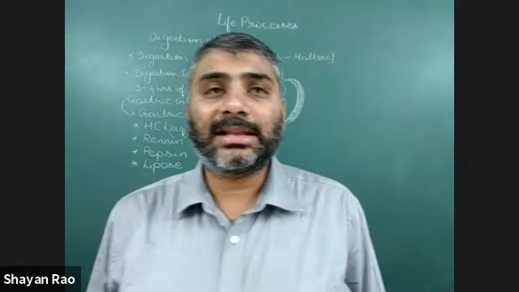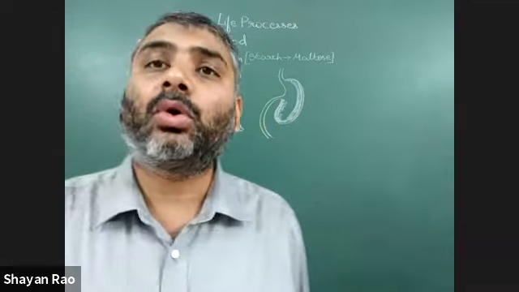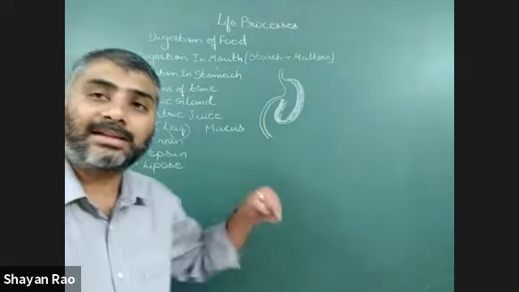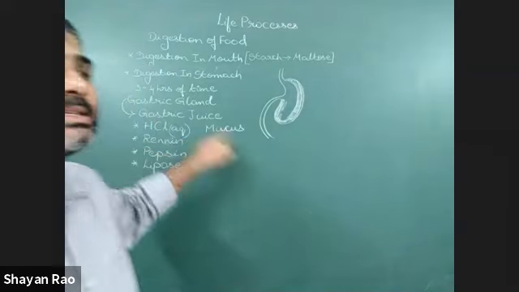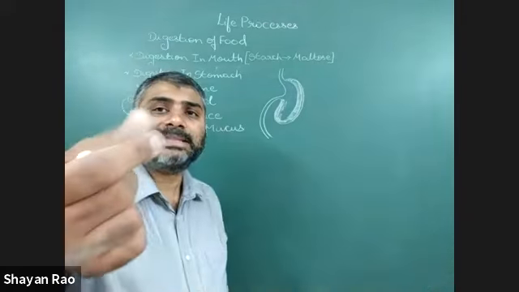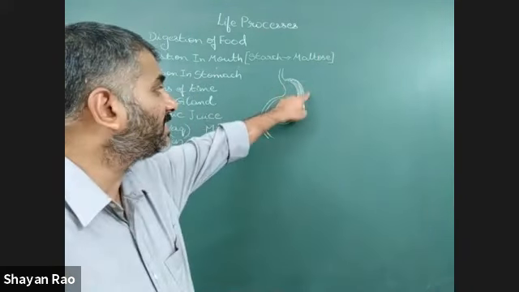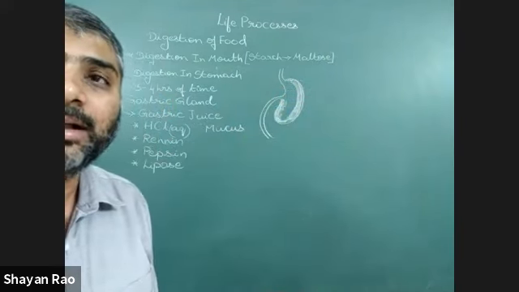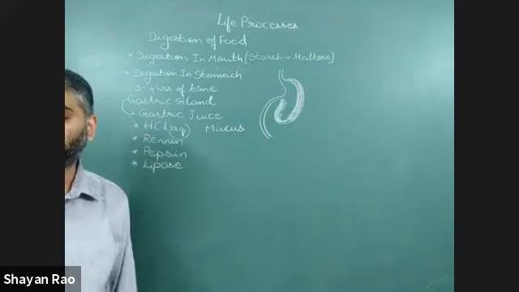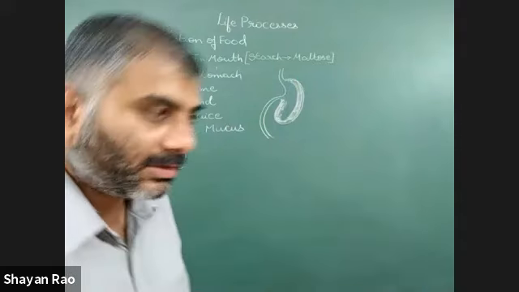So there is a mechanism to overcome this, and that is mucus secretion. Mucus is something like a slimy secretion. That slimy secretion protects the wall of the stomach from acidic attack. Is that clear? Yes, sir. Okay, fine.